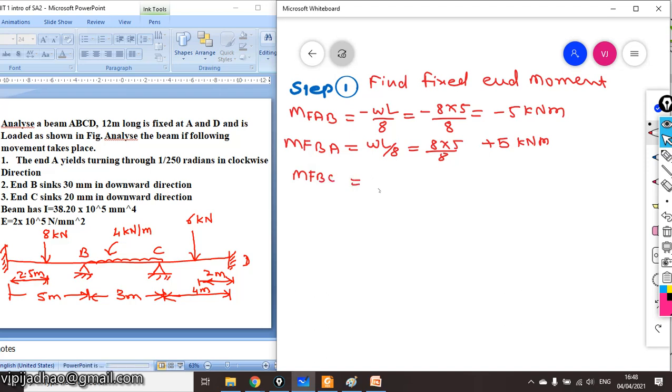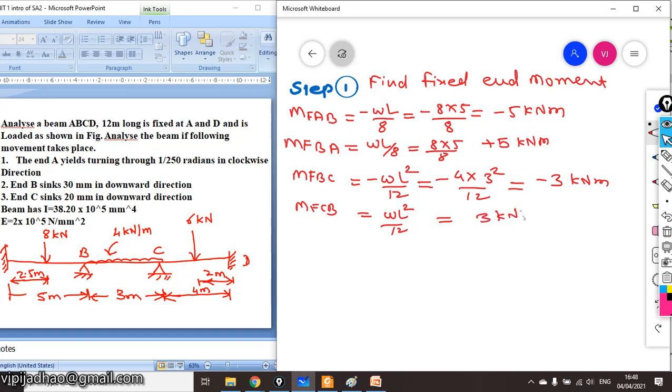For a beam carrying a uniformly distributed load, the formula is minus WL square upon 12, so this is equal to minus 4 into L is 3 square divided by 12, which becomes minus 3 kilonewton meter. Similarly MFCB will be equal to WL square upon 12, which is 3 kilonewton meter.